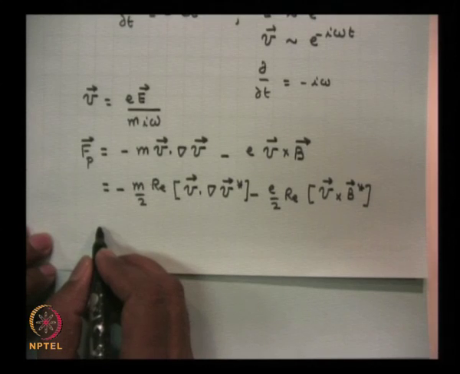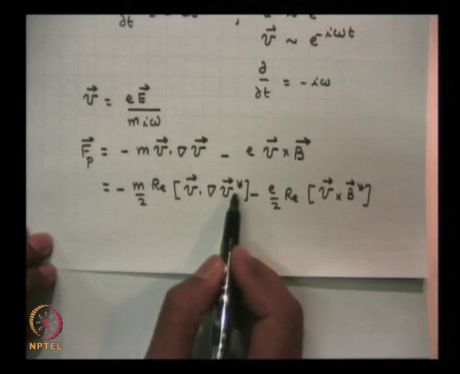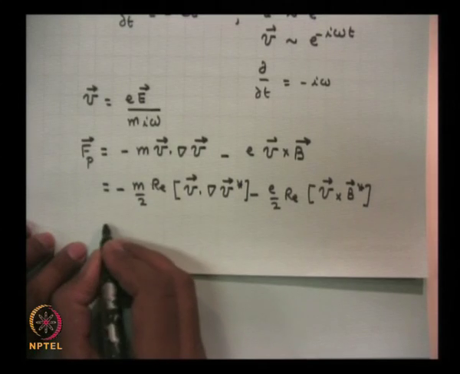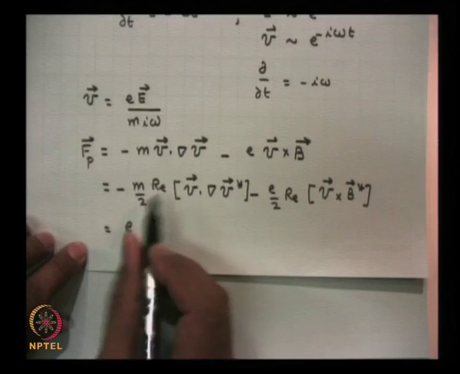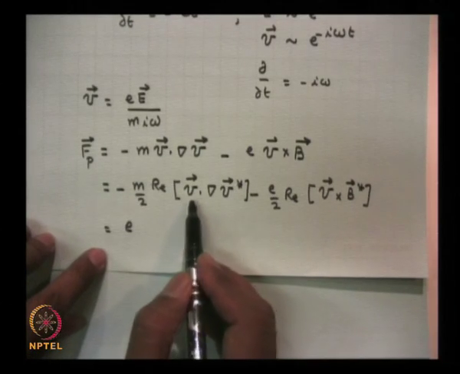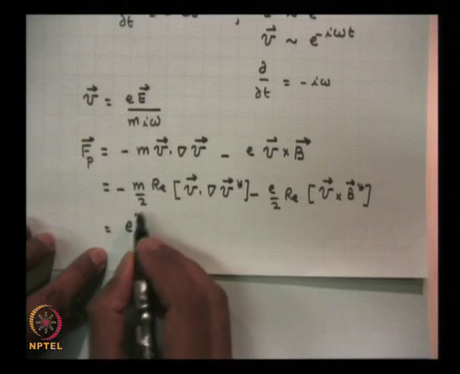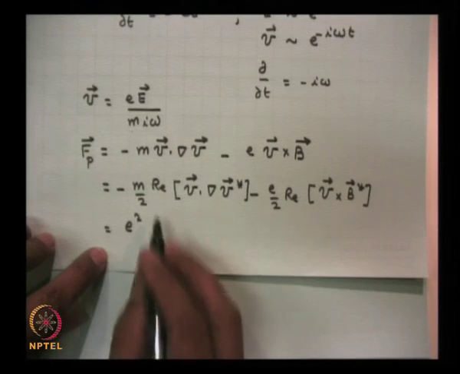What do you get here? v, if I substitute from here and take complex conjugate there, this becomes simply equal to e squared, one E is there, one E is there, so E squared, m squared comes in the denominator, one m will cancel out with this.